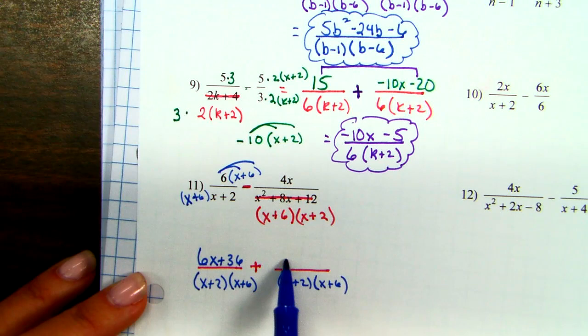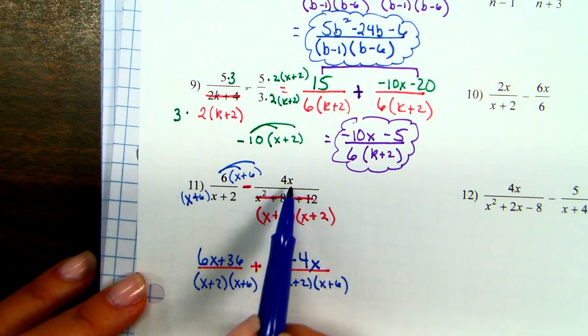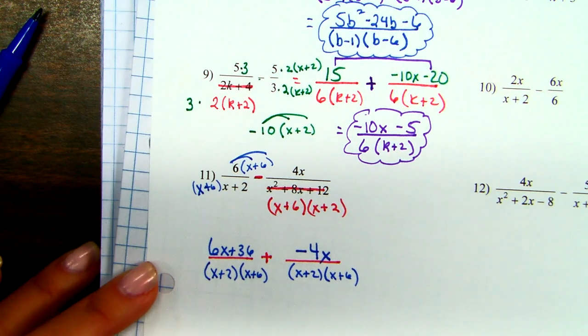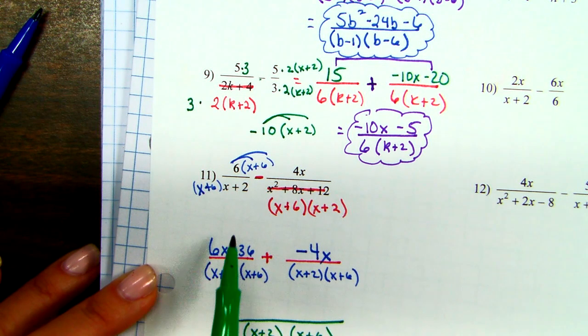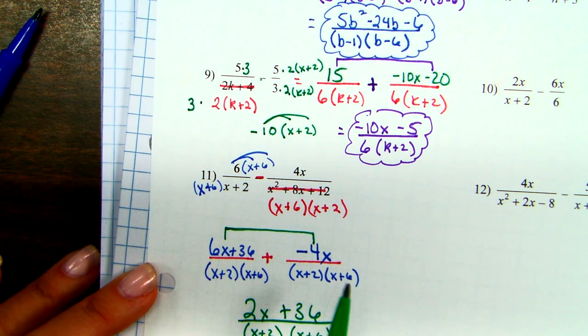And there's a minus 4x. I gave the negative to whatever was in the numerator. And then the final answer, 6x plus negative 4x is 2x plus 36.